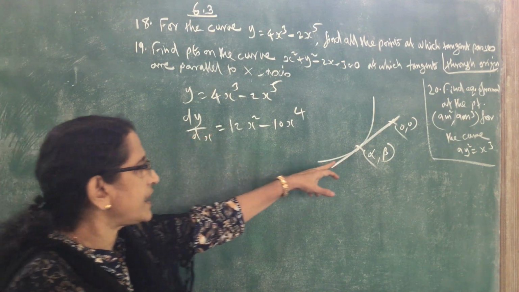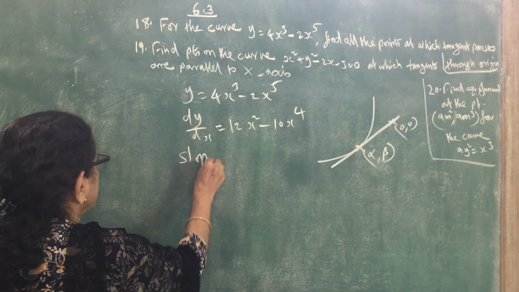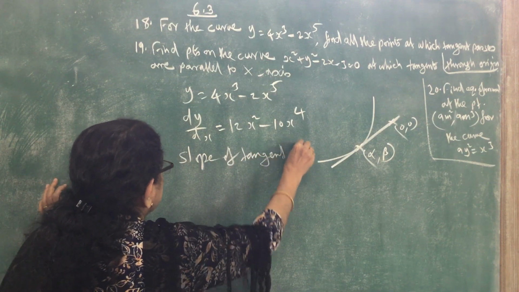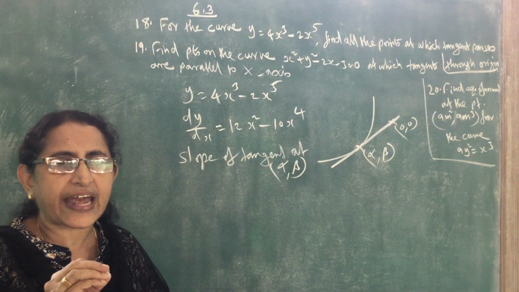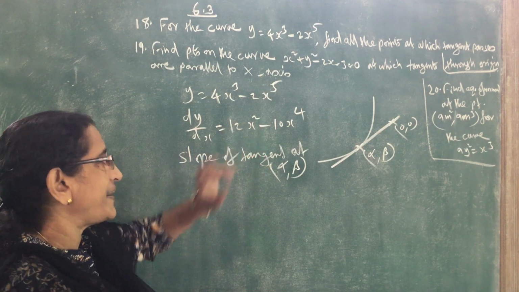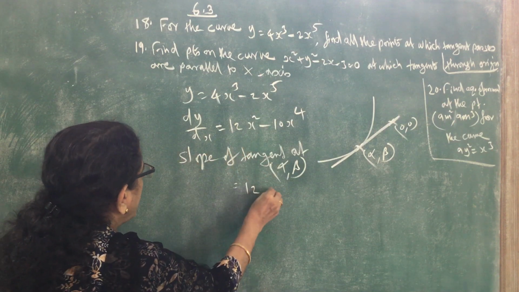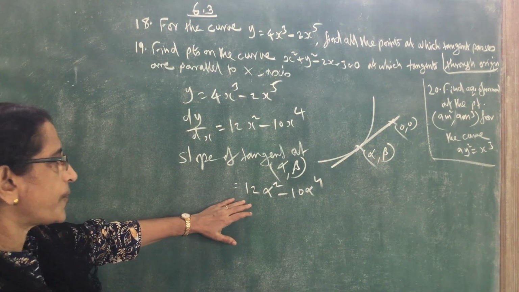Therefore the slope of the tangent at alpha comma beta: always we have to find the slope of the tangent at that particular point, so we substitute that point in the dy by dx. That is equal to 12 alpha square minus 10 alpha raised to 4. So that is the slope of the tangent.